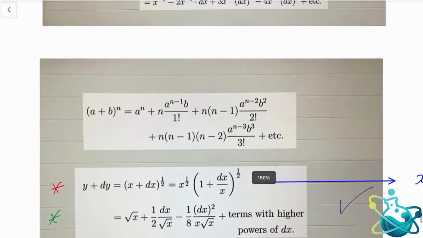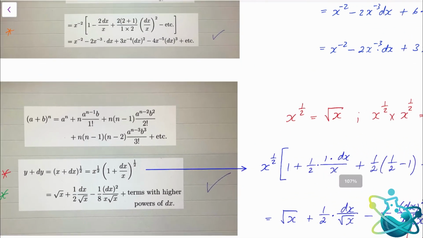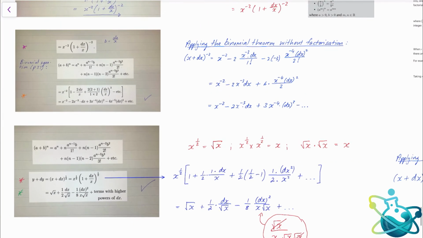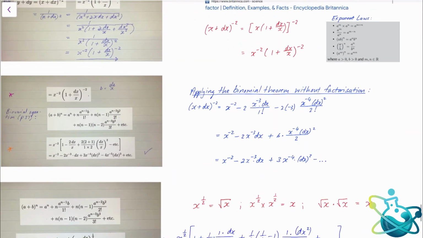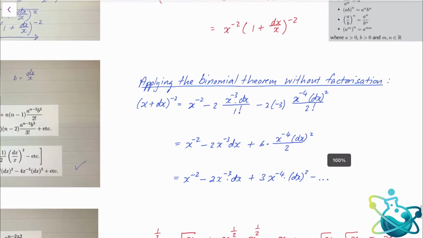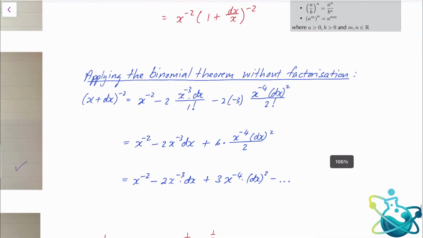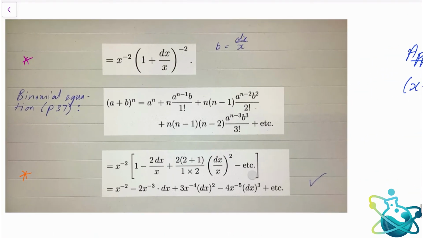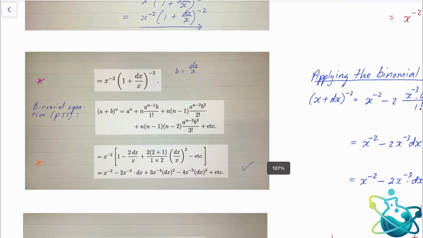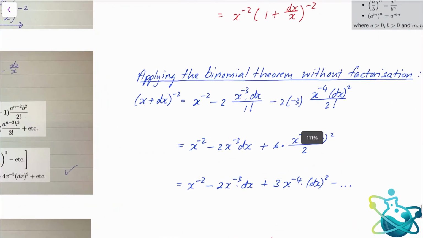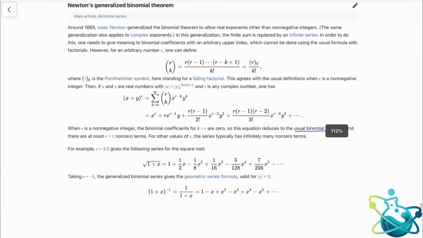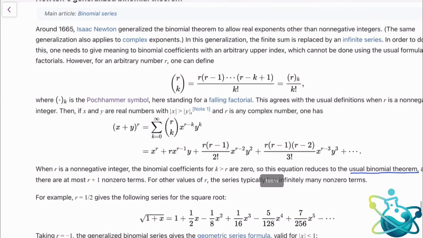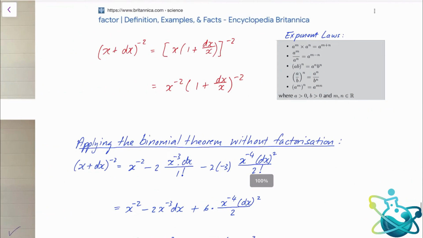Okay, let's carry on, guys. You could also have applied the binomial theorem without factorization. The only reason I factorized it here is to make the expanding with the binomial theorem simpler. But if you simply apply the formula we discussed just now directly, without factorization, you also get the same answer.